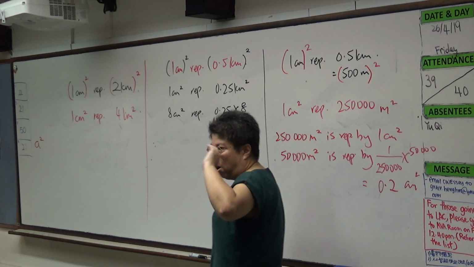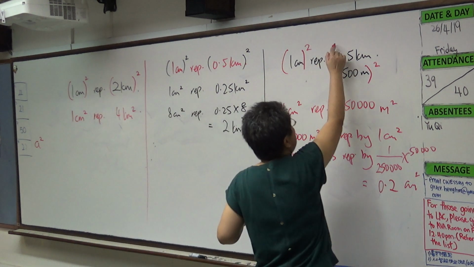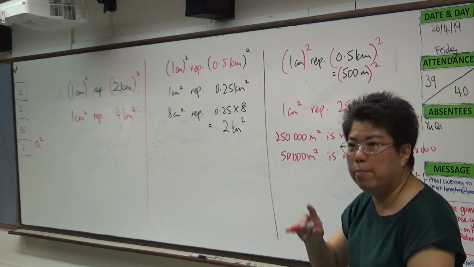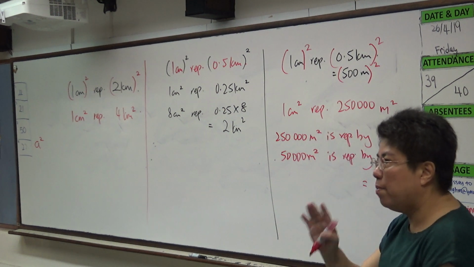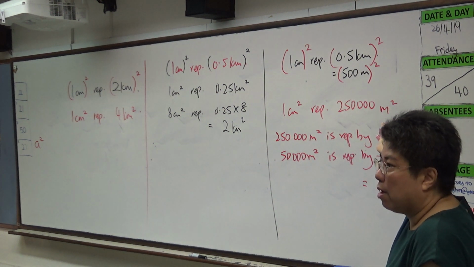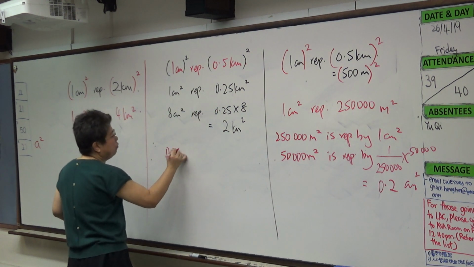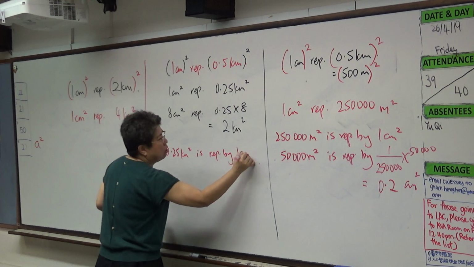If they give the pond in kilometer square, you will straight away square this one and repeat. Understand? No need to change to meters. I'm making sure that it's convenient for every question. If it's in kilometer square, you have to square straight away. That means we will use back this one. 0.25 kilometer square is represented by 1 cm square.